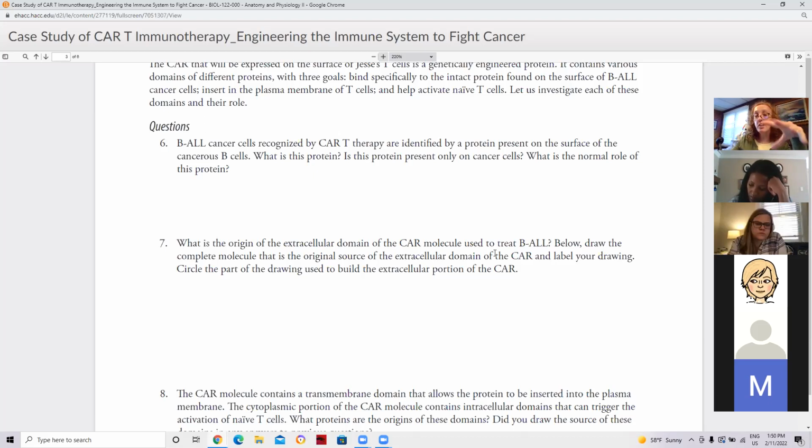In the case of this protein, it's only found on naive B cells, and most cancers are only undifferentiated naive cells. So no, it's not only present on cancer cells, because it's a marker of naive B cells. That's another way of saying it.